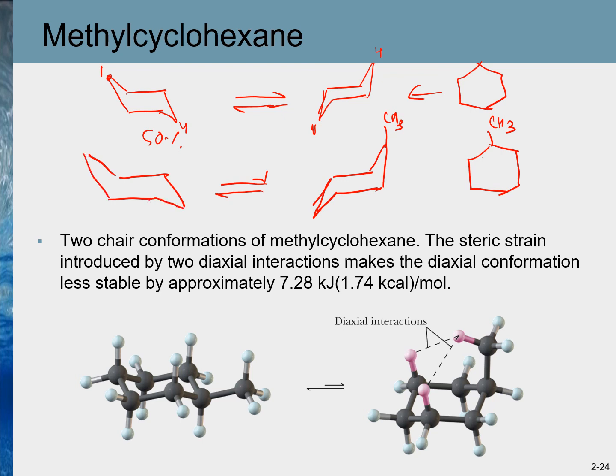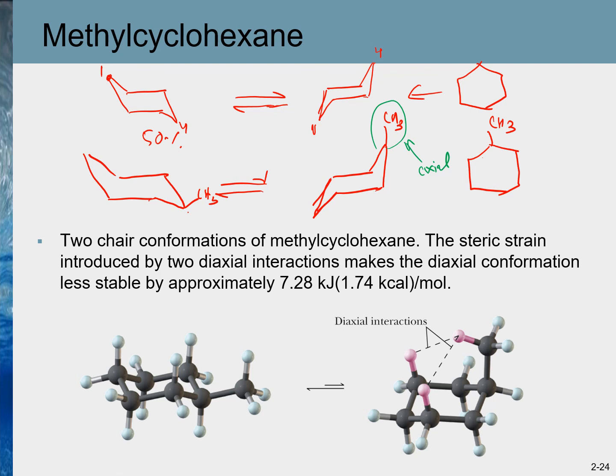As you remember, the bond which is perpendicular to the plane, such as this one, is axial, and when the chair flips, the axial bonds become equatorial, so CH3 here will be at equatorial position.